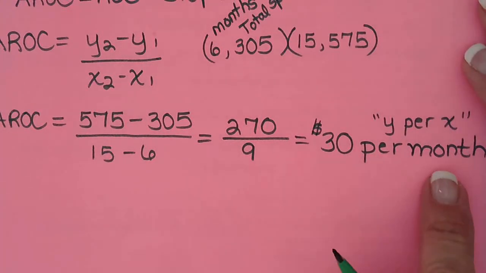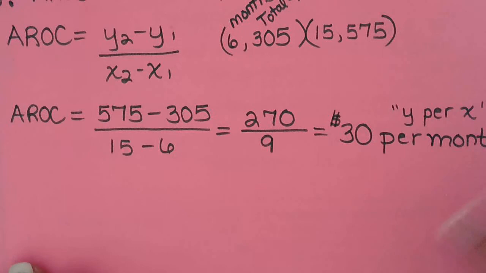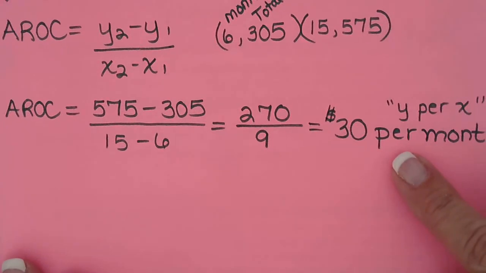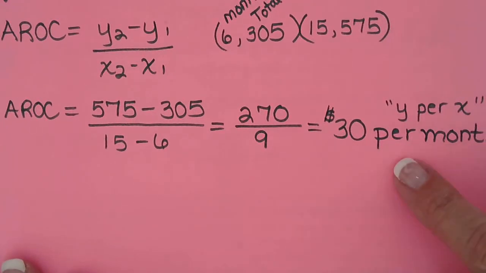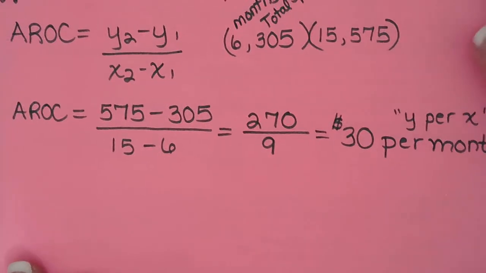So it allows you, once you know what the monthly rate is, to fill out a T-table or do other things with that. So that's how fast your spending is growing. Every month, another 30, another 30. So 30 the first month, 60 total the second month, 90 total the third month, 120 total the fourth month.